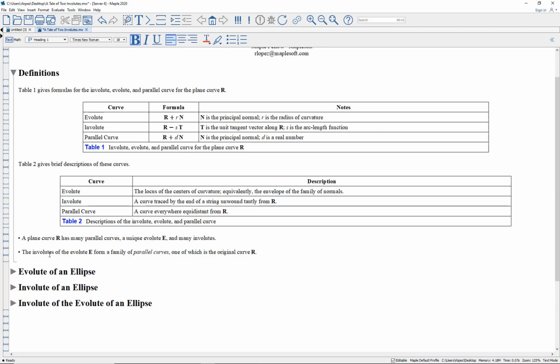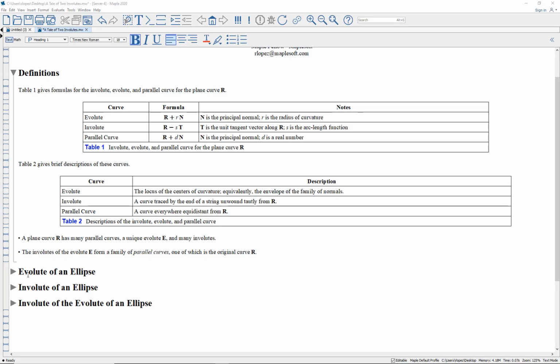And these involutes of the evolute form a family of parallel curves, one of which is the original curve. That's what this exploration gets to.